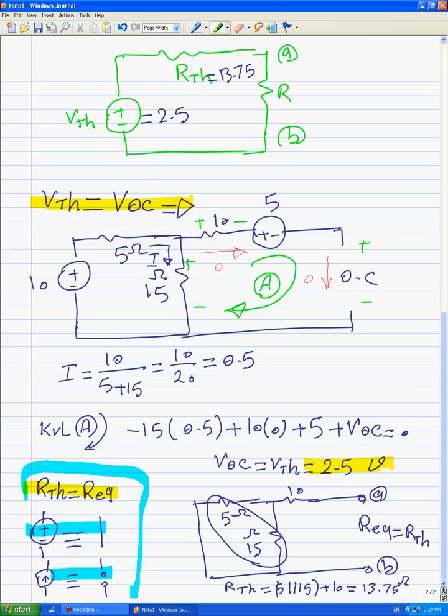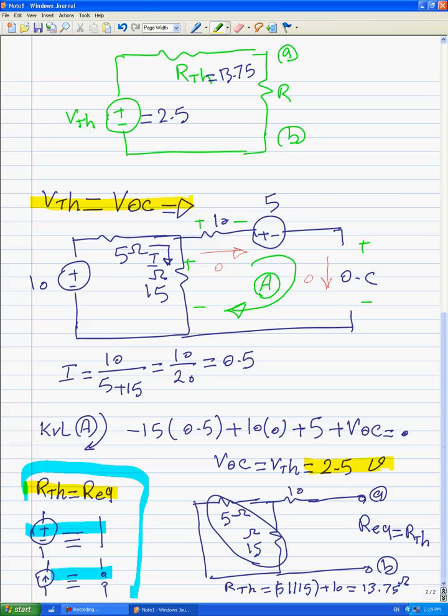For Thevenin voltage, we should consider an open circuit instead of the terminals for which we want to find the equivalent circuit.